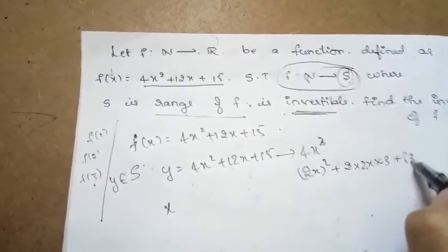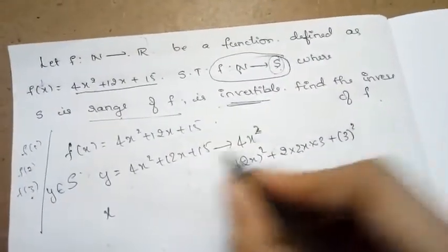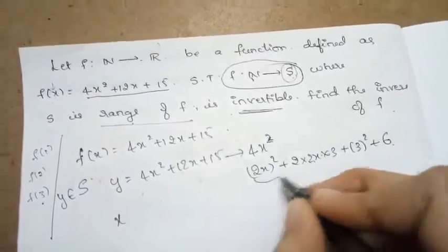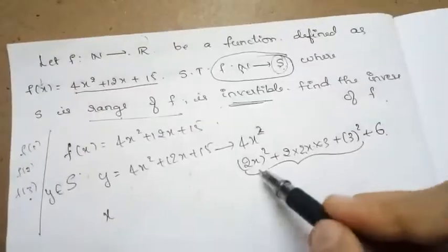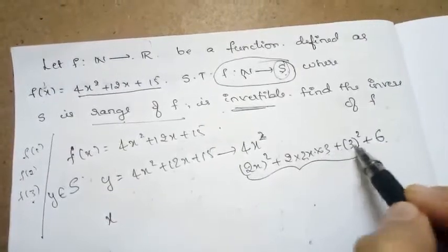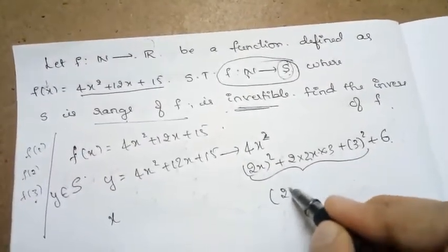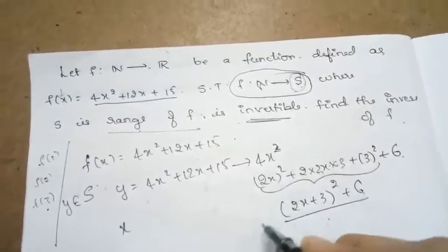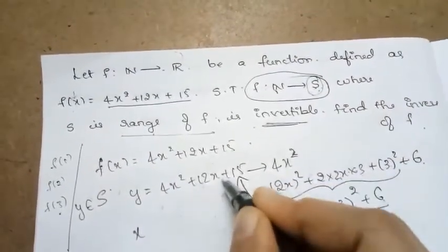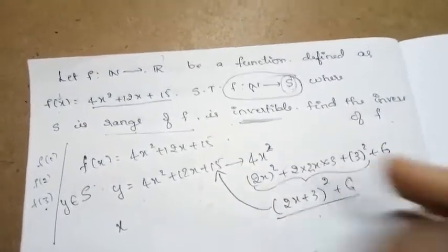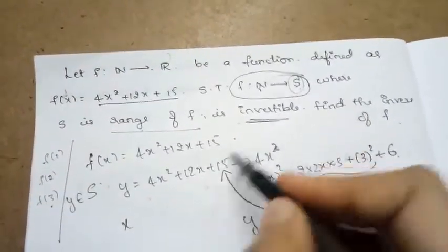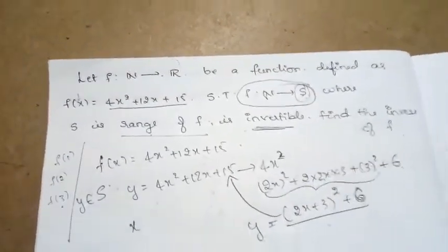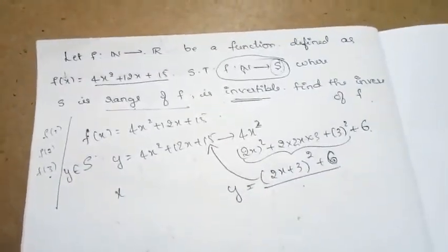So here it becomes 3 square. 3 square means 9, so the remaining is 6. It is in the form of a square plus 2ab plus b square. So it is nothing but 2x plus 3 whole square plus 6. This is nothing but 4x square plus 12x plus 15, which is our y. I have done the completing the square process here. So we got y is equal to 2x plus 3 whole square plus 6.